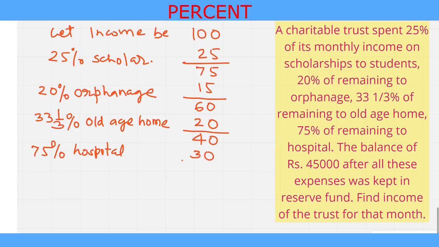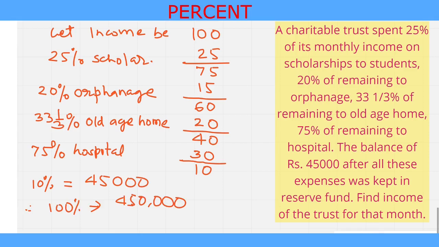So 75% of 40 is 30, and remaining is now 10, and 10 out of 100 is 10%. So 10% is equal to how much money left? That was 45,000. So 10% is 45,000. Therefore 100% is 10 times of it, 4,50,000 or 450,000.